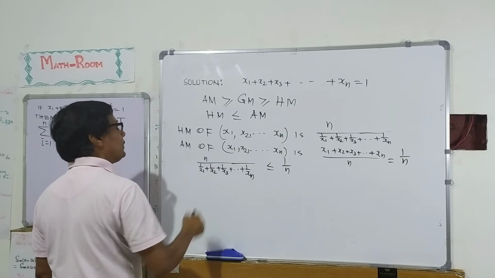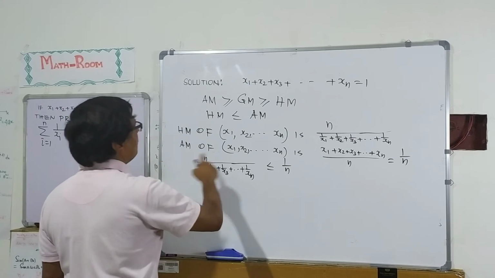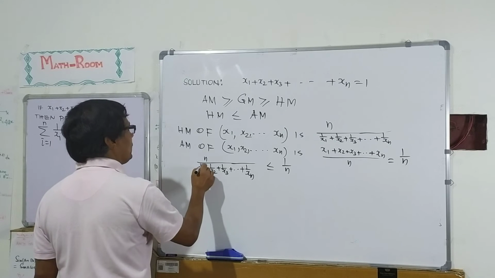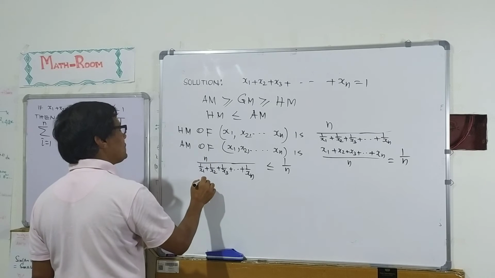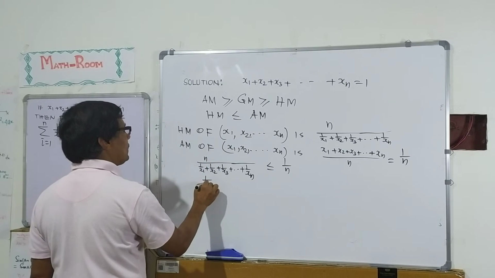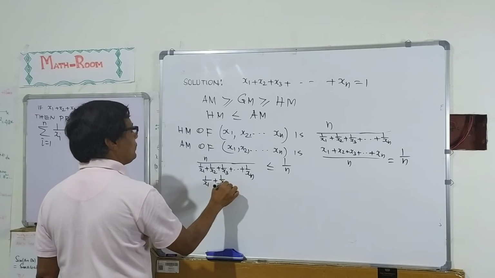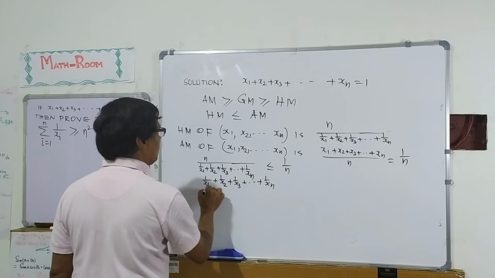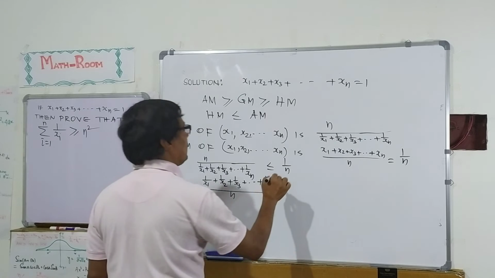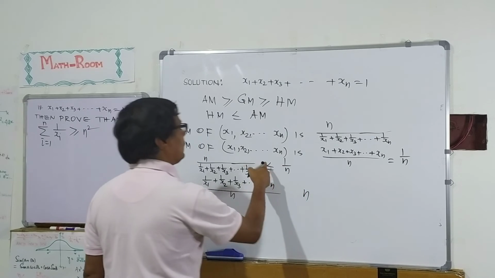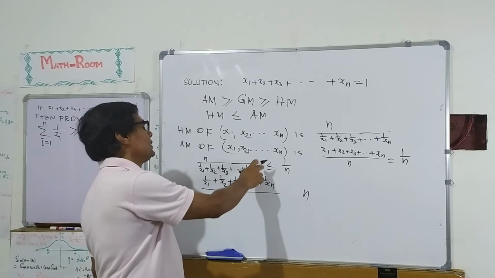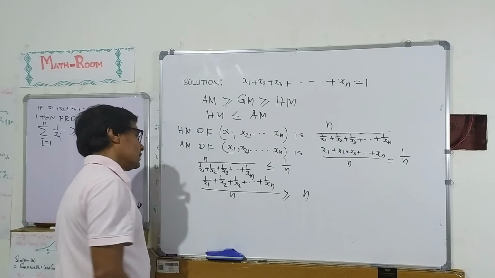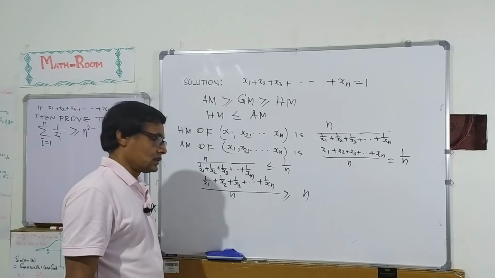So we can take the reciprocal of both sides. Taking the reciprocal of both sides, we get 1 over x1 plus 1 over x2 plus 1 over x3 ... plus 1 over xn, over n, and also the inequality will be changed into greater than or equal to, because we have taken the reciprocal of both sides.